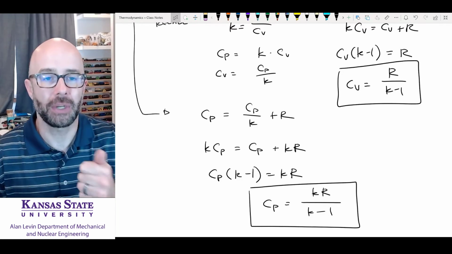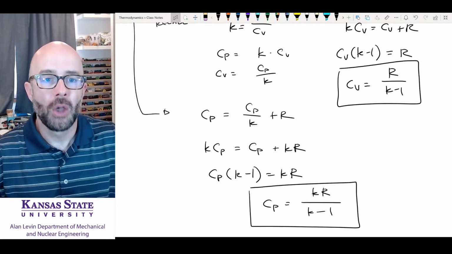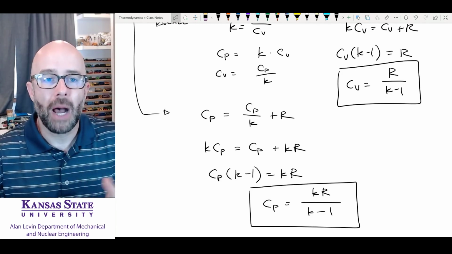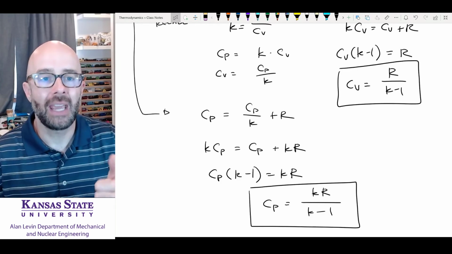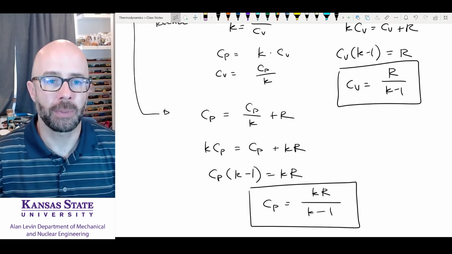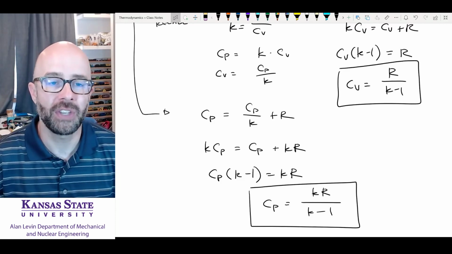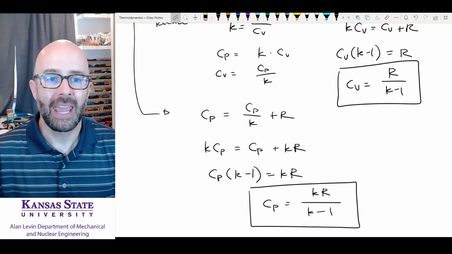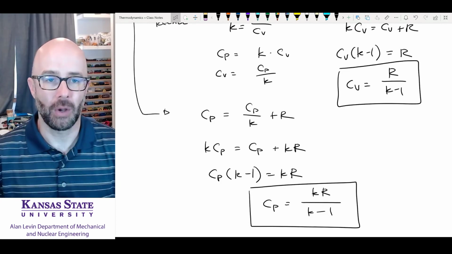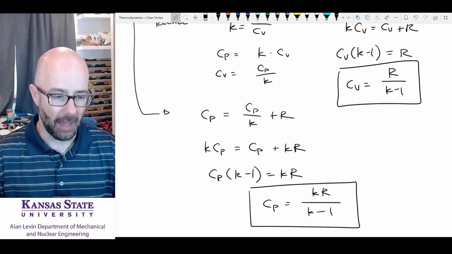If that is a constant ratio, that means it's a constant specific heat method. So another way the problem will tell us we need to use constant specific heats is they'll either say directly, use constant specific heats, or they will give us a C sub p or C sub v, or they will give us a k. If they give us any of those things, we know that we can use a constant specific heat method.